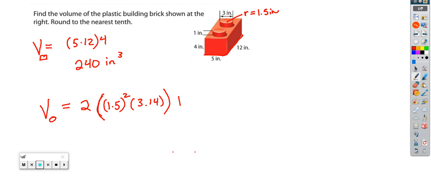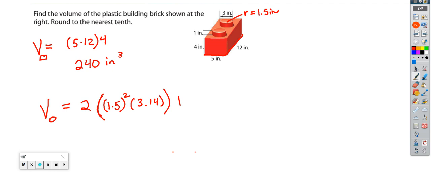Okay, so let's look at the very inside of our parentheses. I have 1.5 squared, 1.5 times 1.5 times 3.14.